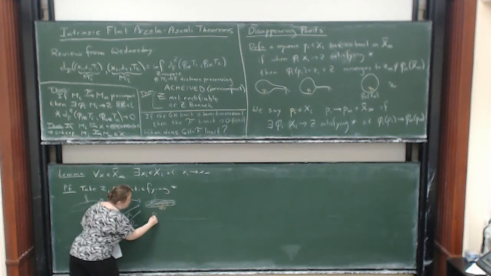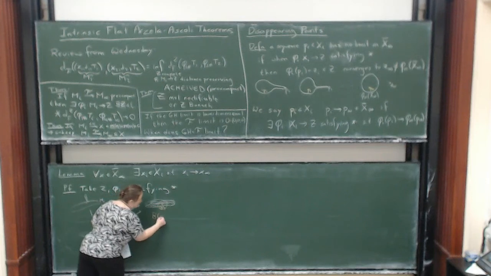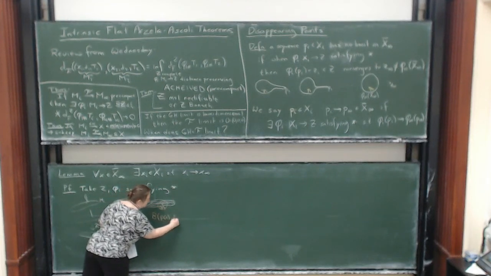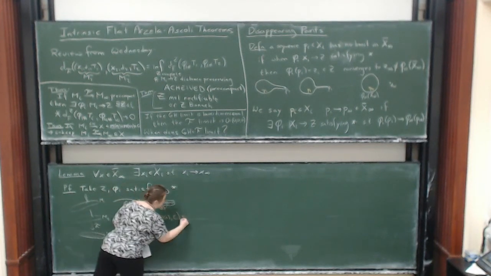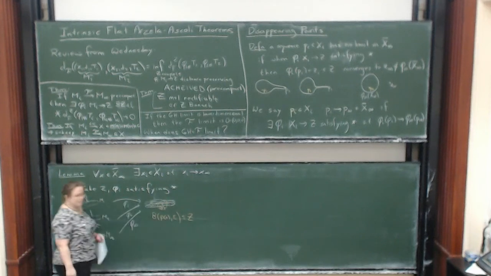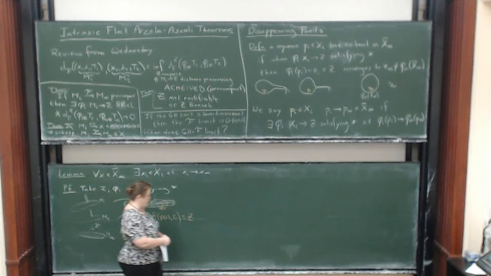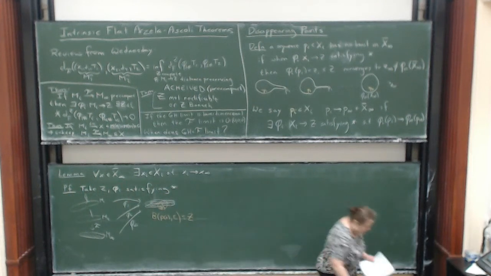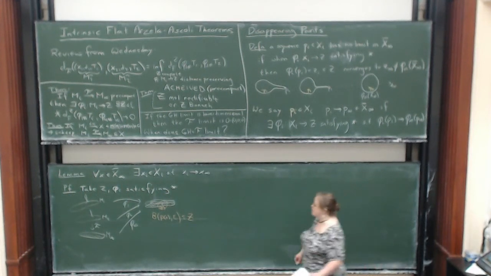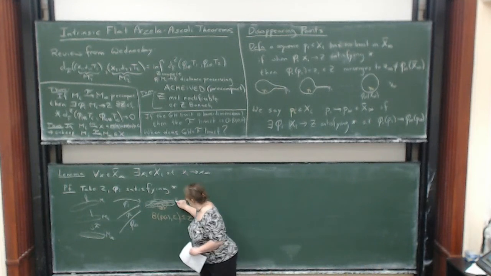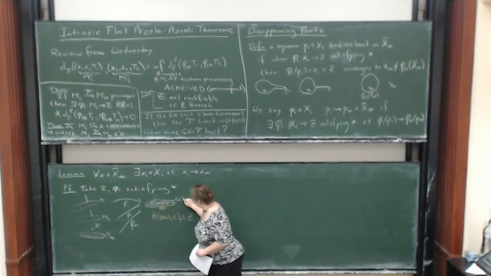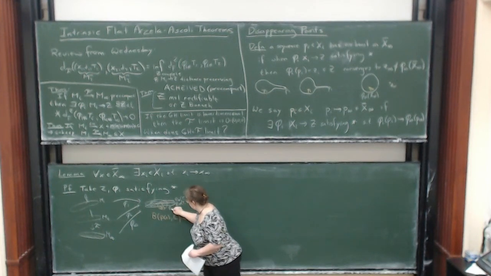So you look at the ball about phi of x of radius epsilon inside Z. And over here, we have the push forwards of each one of these as currents. So I've drawn their sets, right? So this is phi_1 number T_1, phi_2 number T_2, and then finally phi infinity number T infinity.